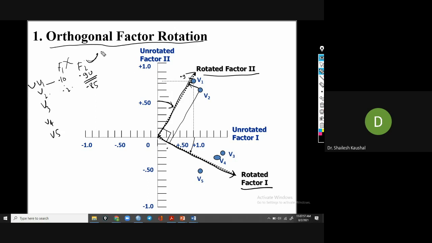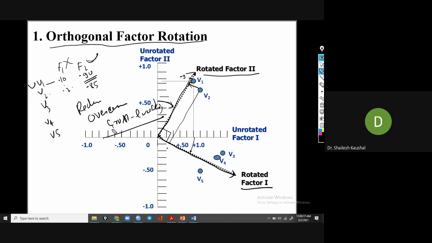So the purpose of orthogonal factor rotation is to reduce, or overcome, the problem of cross loading. Cross loading is a problem in factor loading. Then how do we remove the cross loading problem?